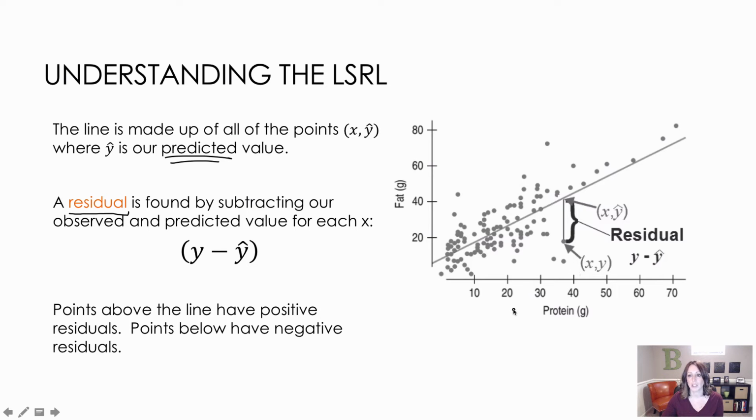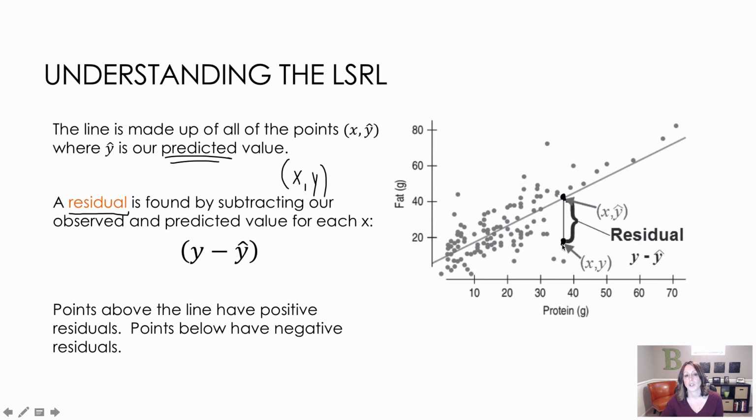So a residual is essentially the distance between the actual value, which is x comma y. So in this case, here's my x comma y. It's the distance between that value and my predicted value, x comma y hat. So this is a residual. That's the distance.